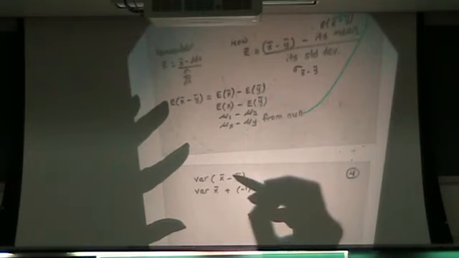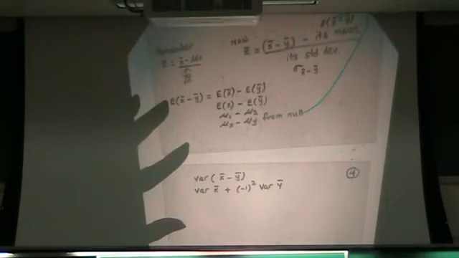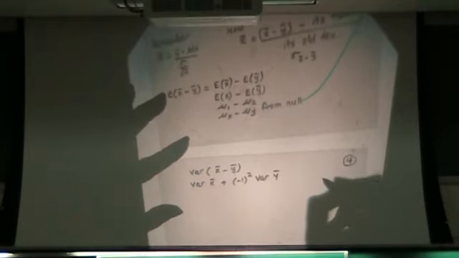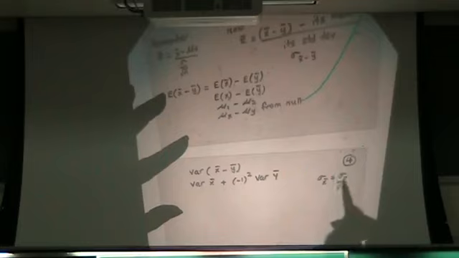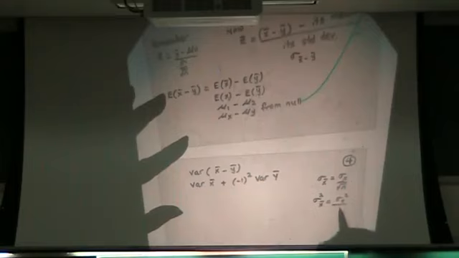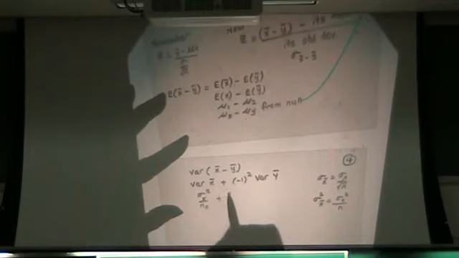This is a -1 right here. Variance of y bar. Then I know that sigma x bar is sigma x over root n. I knew that from before. So the variance will be the square of that. So sigma squared x bar would be sigma x squared over n, which is what I'm using here. Sigma x squared over nx plus sigma y squared over ny.